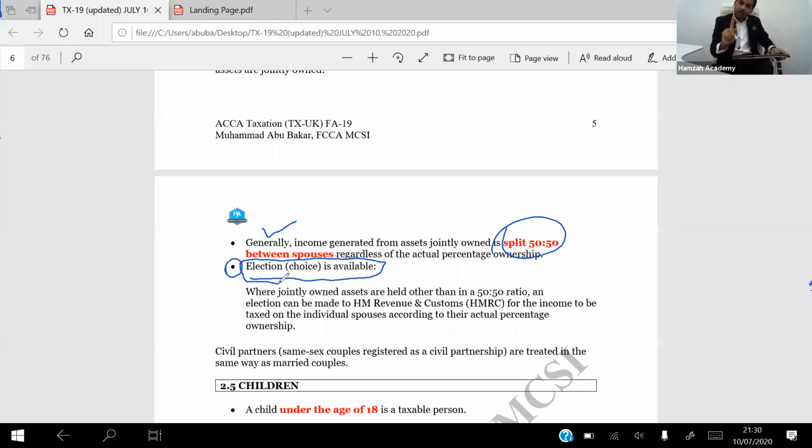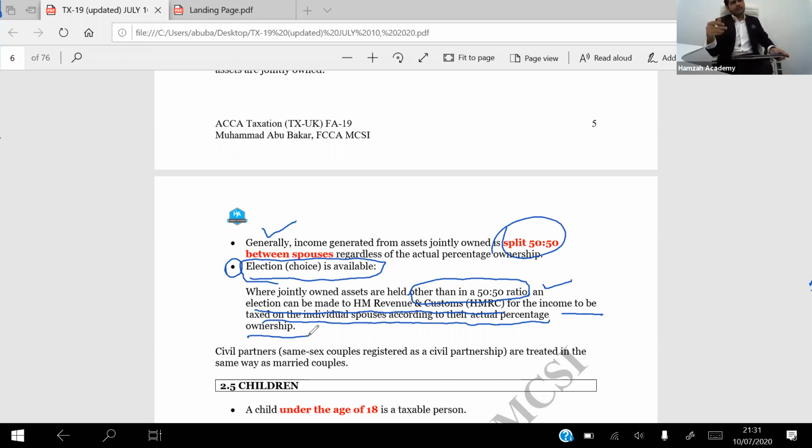So for jointly owned assets, other than the 50-50 ratio, an election can be made to HMRC. Election means write a letter, official email, anything, fill up a form, for the income to be taxed on individual spouses according to their actual percentage of ownership.